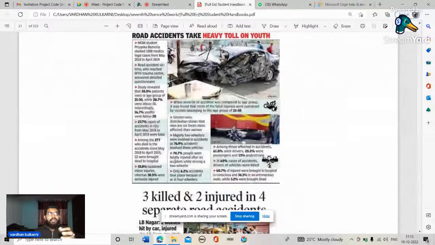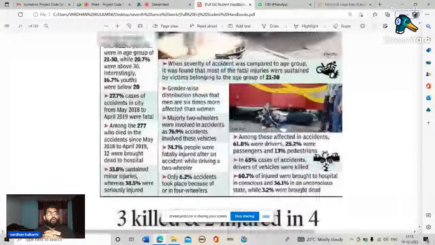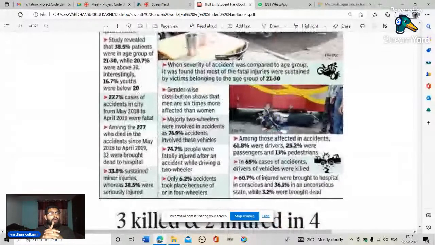The study reveals that 38.5% of patients were in the 20 to 30 age group, and 20.7% were above 30. Interestingly, 16.7% were youths below 20 years of age.